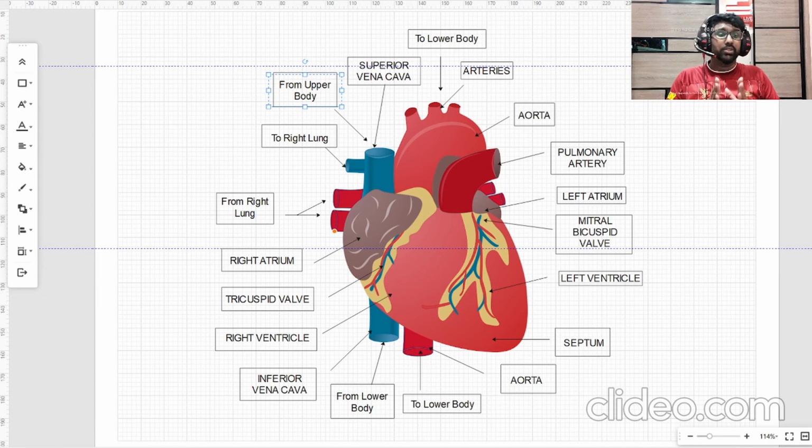So if there is no mitral valve over there, the blood which is flowing from the left atrium to the ventricle might shoot back upwards, which may cause a lot of problems. So the mitral bicuspid valve is over there to make sure the blood doesn't shoot back up.